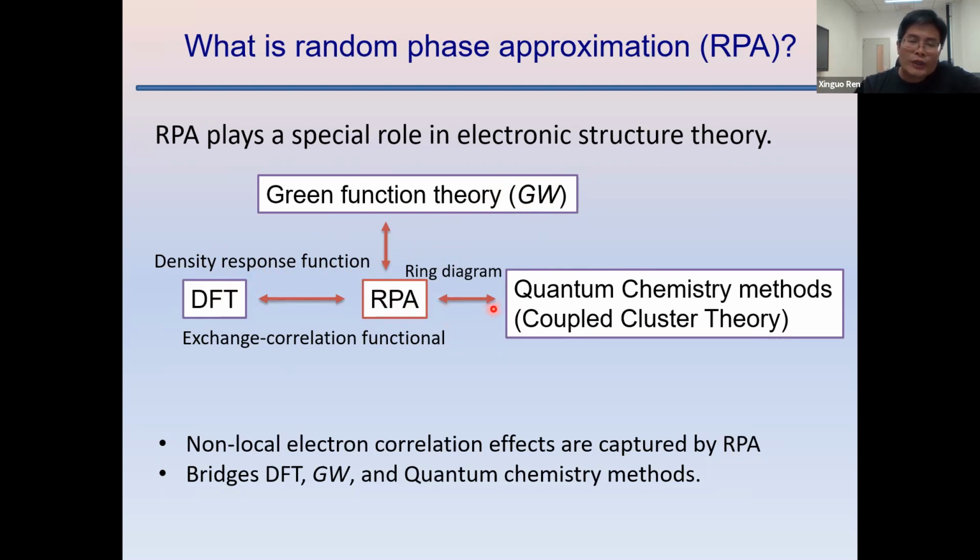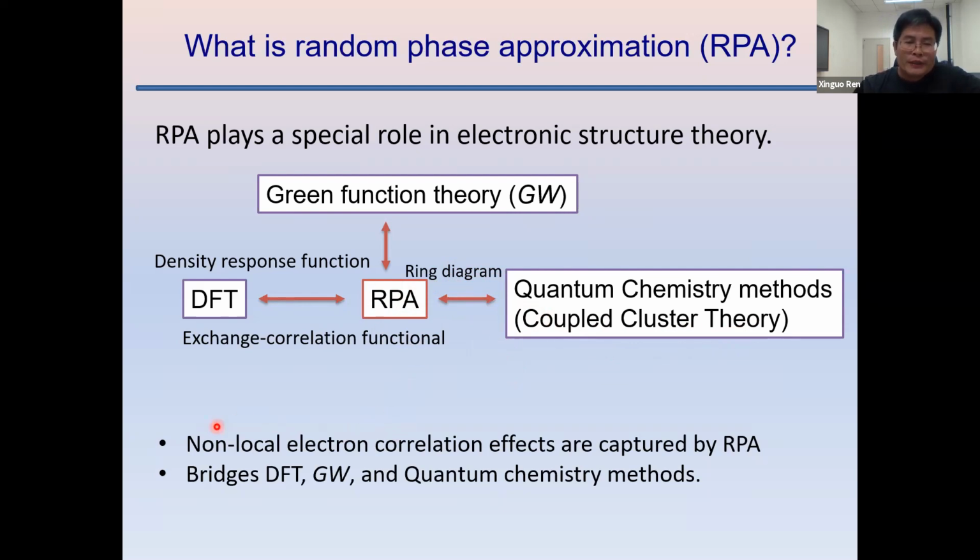RPA is also connected to quantum chemistry methods, especially the so-called coupled cluster theory. Coupled cluster singles and doubles can contain different types of diagrams, and RPA constitutes a subset, the so-called ring diagrams. So it can be understood as a subset of the CCSD theory.